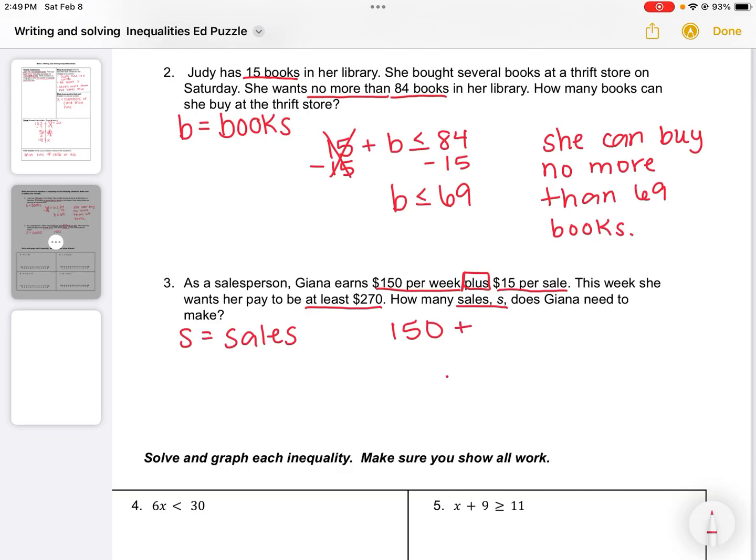Since it is $15 per sale, per means multiplication. I want to do 15 times the letter S. The last thing is the words at least mean greater than or equal to, because it could equal $270 or more.